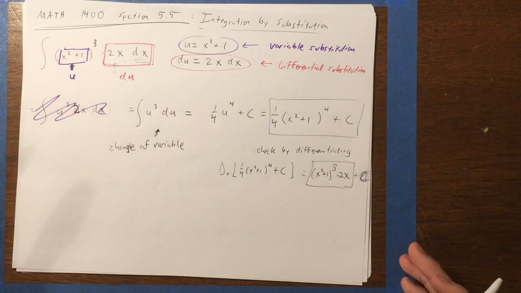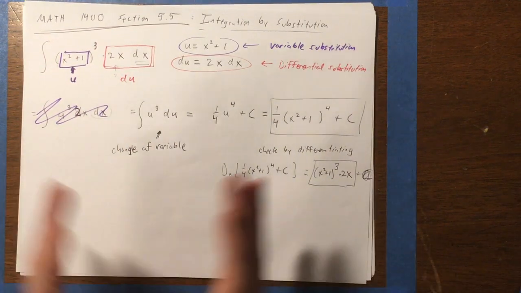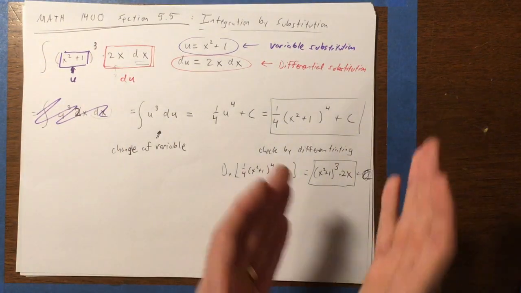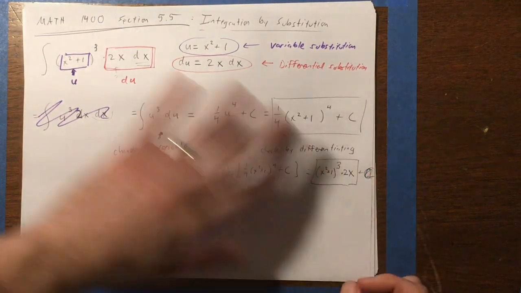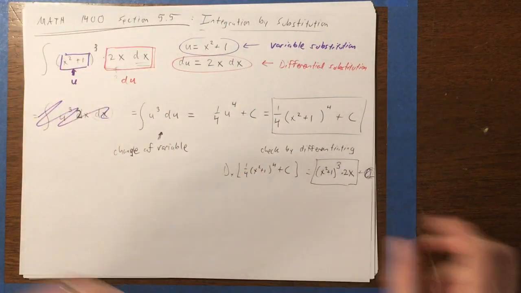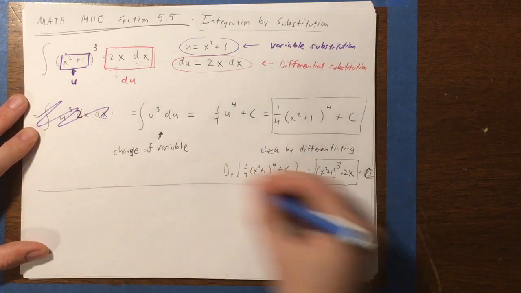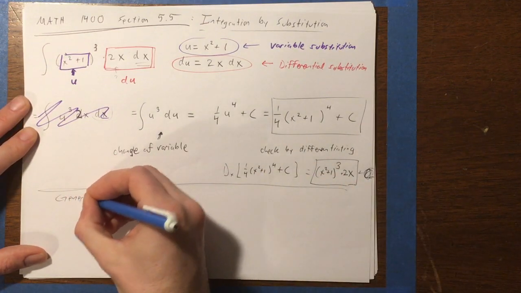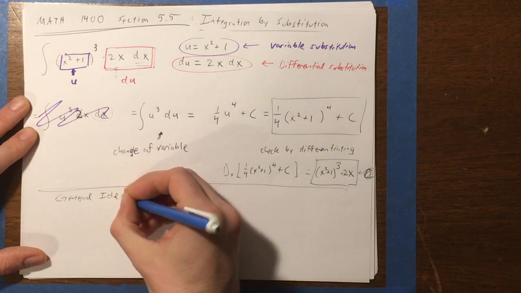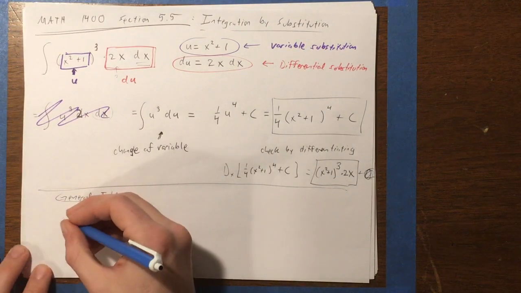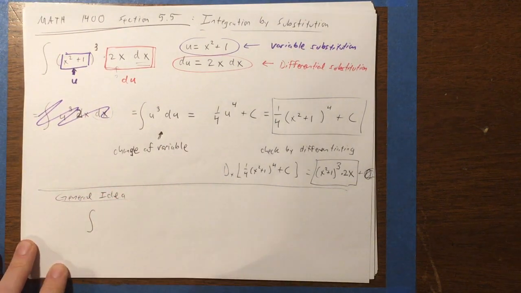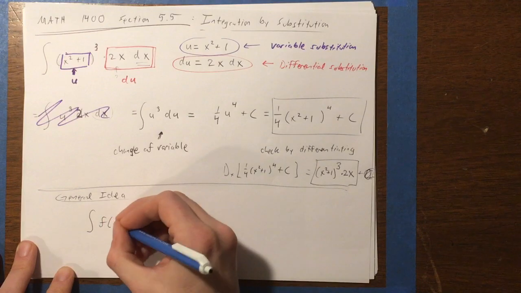So this whole idea of integrating by substitution is essentially just taking the chain rule for derivatives and then finding a way to do that in reverse. So let's write down the general idea of u substitution, integration by u substitution. You start with an integral, f of g of x.